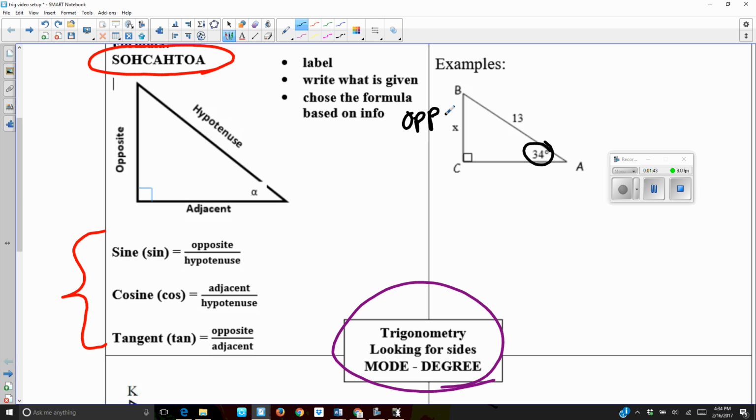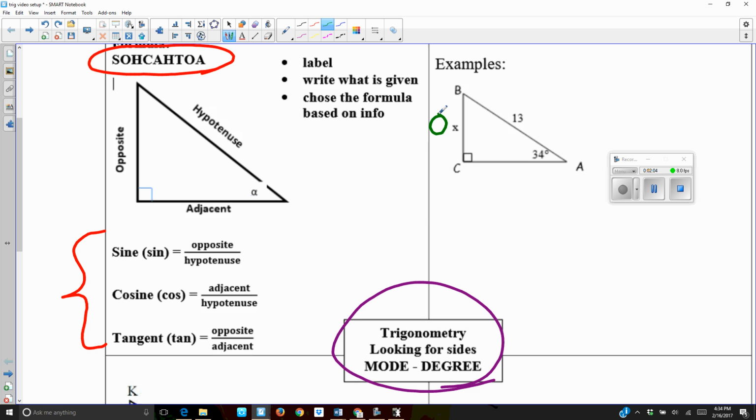And really it's the opposite side because 34 degrees is formed by this side in red and this side in green. The opposite side is not one of the sides that helps form that angle. So that's why x is the opposite side from 34 degrees. It's not touching the angle at all.